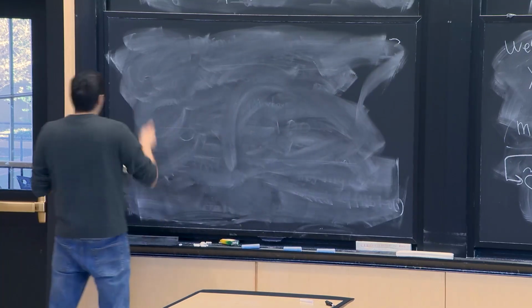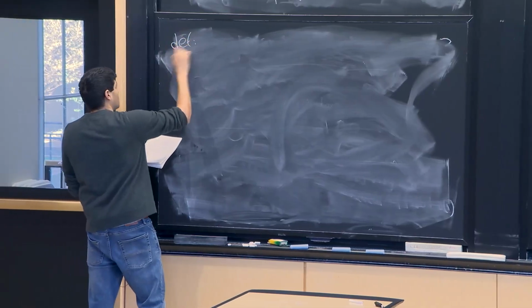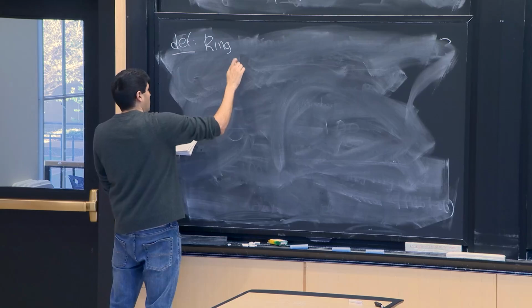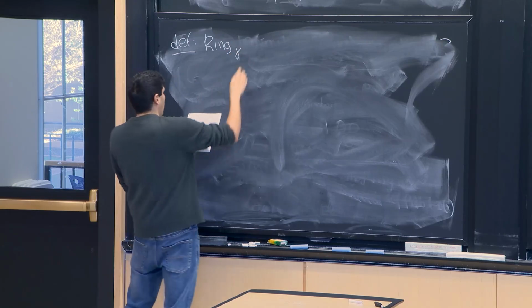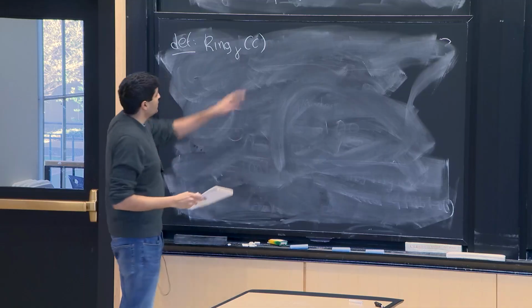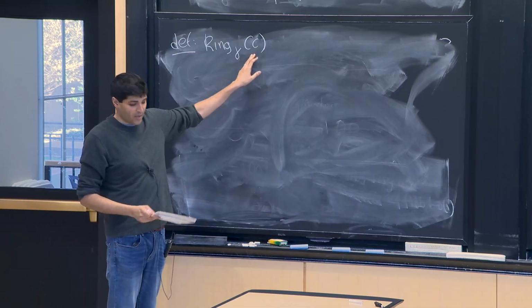So the last key definition I need is the notion of a ring of width gamma around some point C. C here is a vector in {0,1}^n.